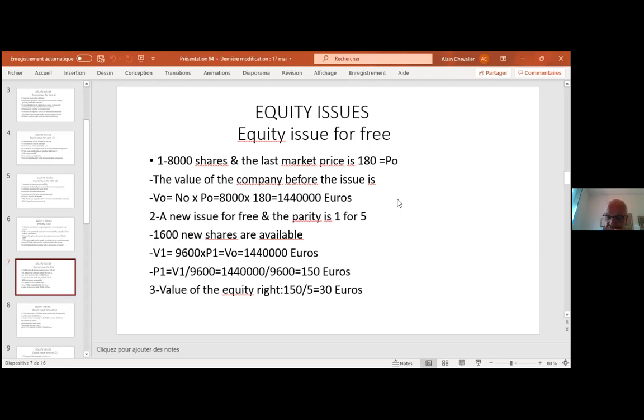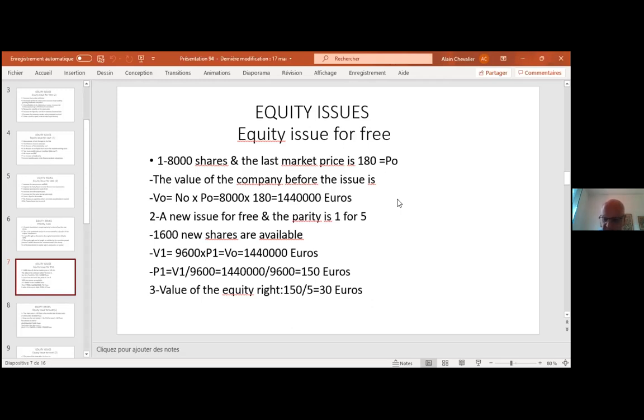So we have a firm, and this firm is called here Alex. The Alex company plans to issue 1,600 shares for free. The shareholders own 8,000 shares before the issue.